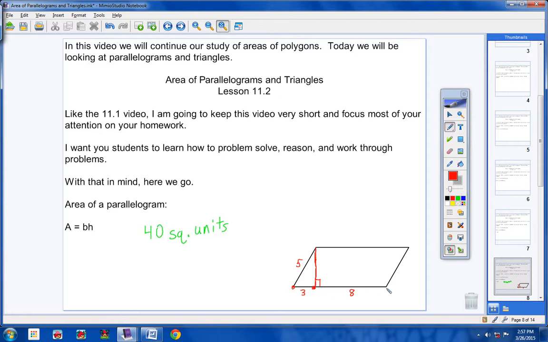And what if I said find the area? Well, in order to find the area, you need what? Two things: the base and the height. We do know the base. The base would be 11.